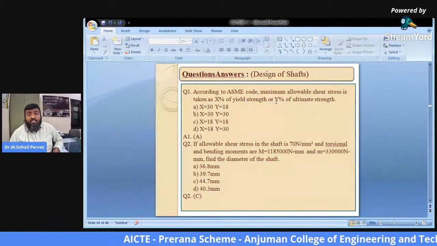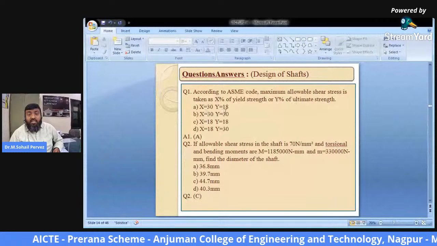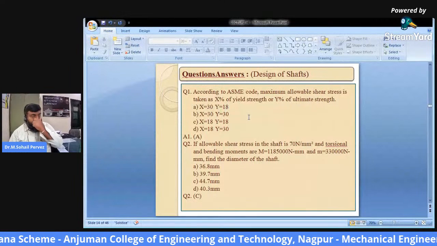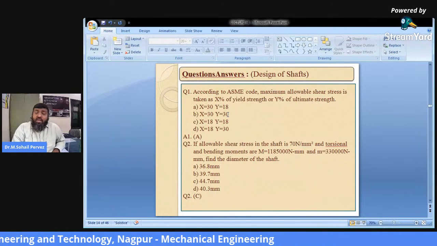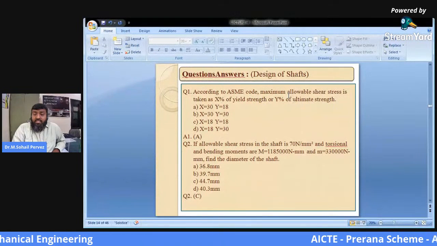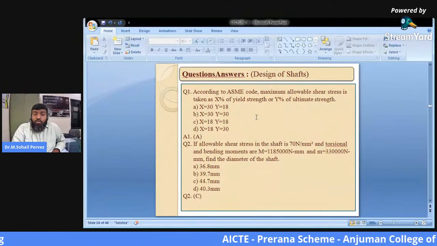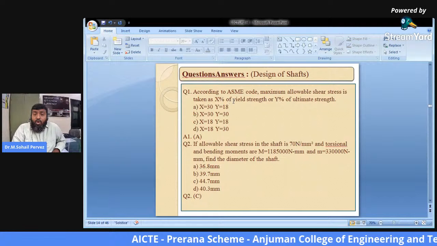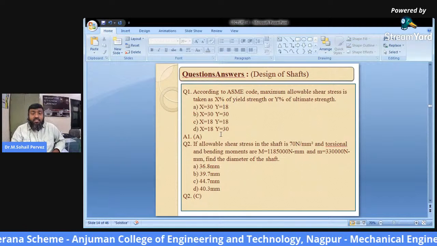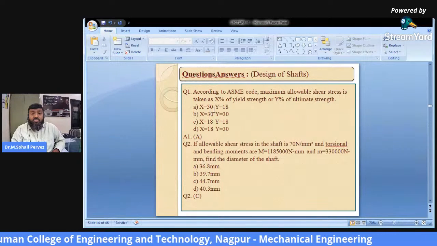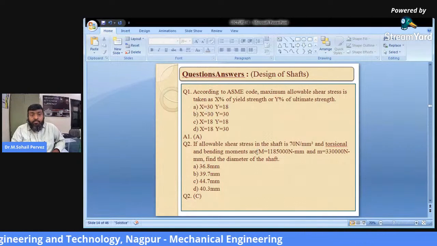So the correct answer is 30 and 18 percent, because we use tau allowable or tau max equal to 0.30 SYT or 0.18 SUT. So the correct answer is A, x is equal to 30 and y is equal to 18.